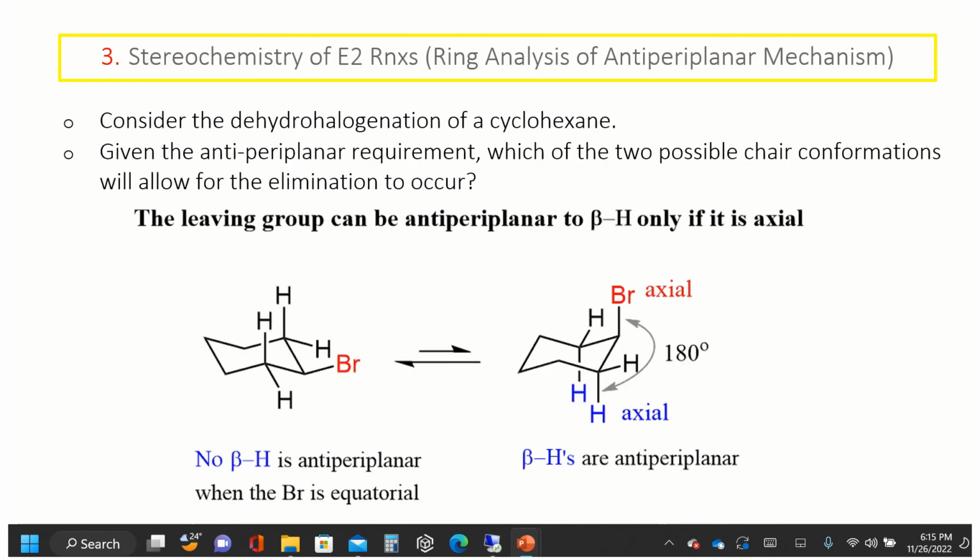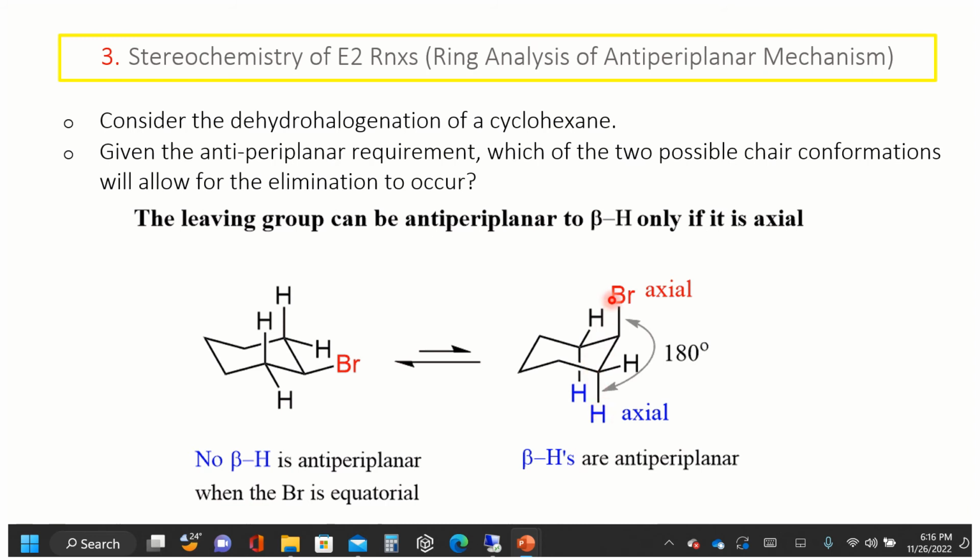And this is your anti-periplanar mechanism. It is apparent when we use the cyclohexyl ring. And note, for elimination to take place, we've shown that we have to have the carbon-hydrogen bond on the alpha carbon and the carbon-halide bond. They have to be axial, and they also have to be in the same plane.